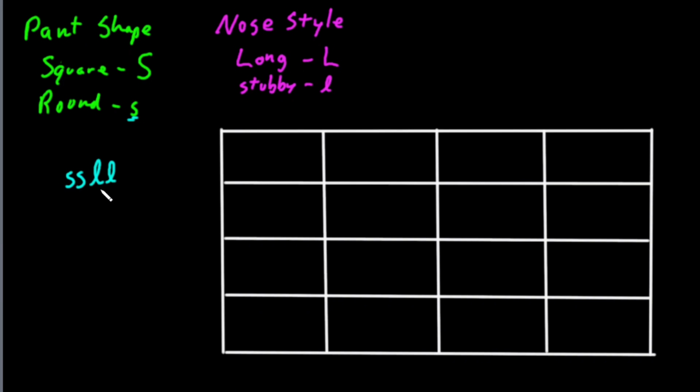Her fiance is homozygous for square pants and a long nose. So capital, capital, and capital, capital, because it says homozygous for both.